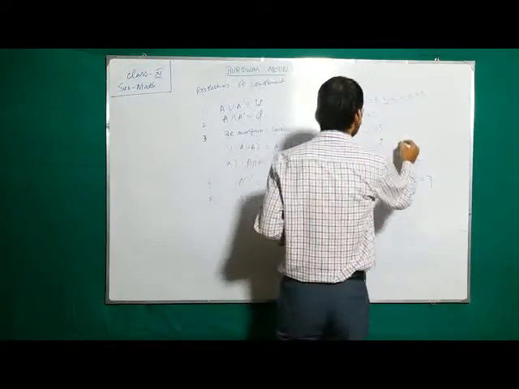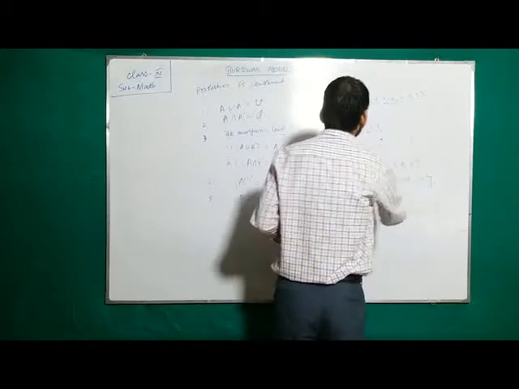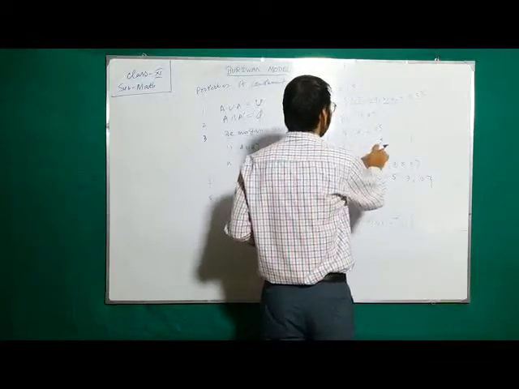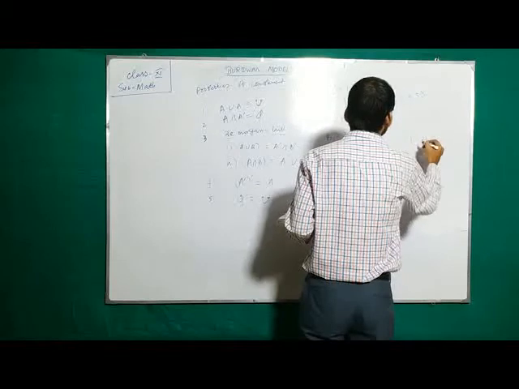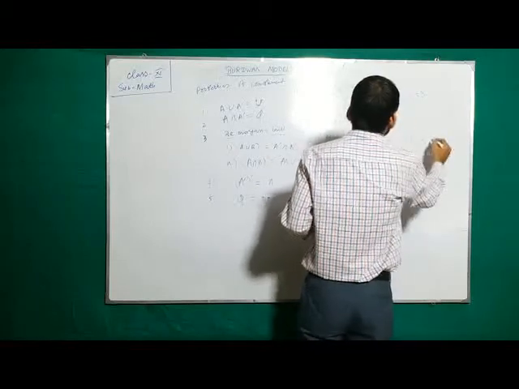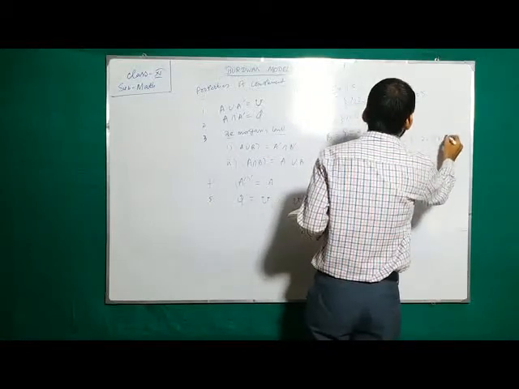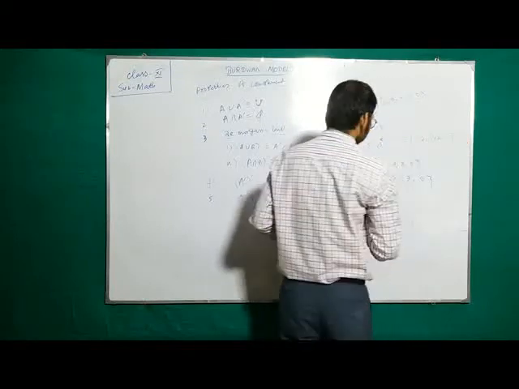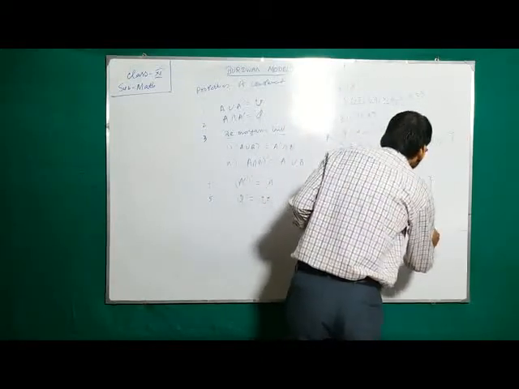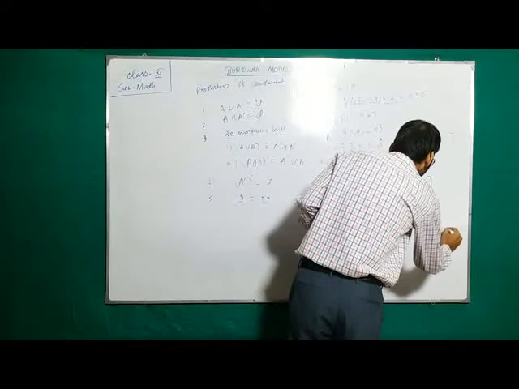I am finding C complement. C complement means excluding the elements 3, 4, 5, 6, so it gives 1, 2, 7, 8, 9.